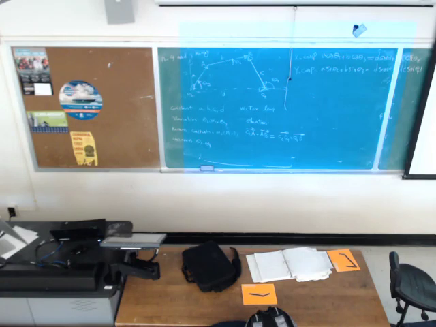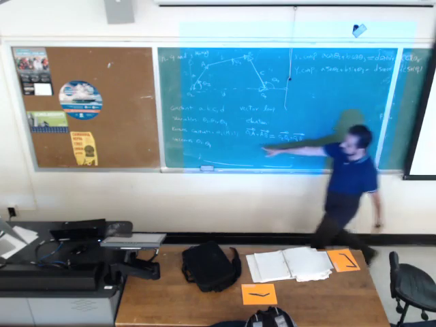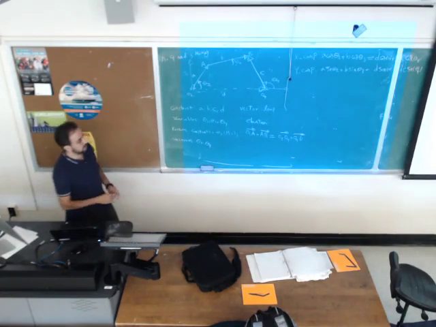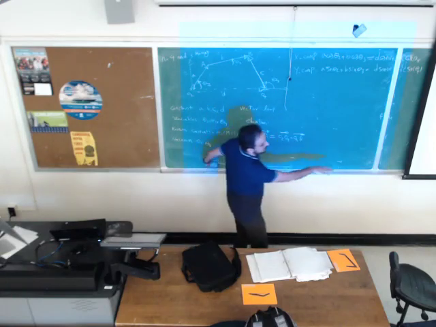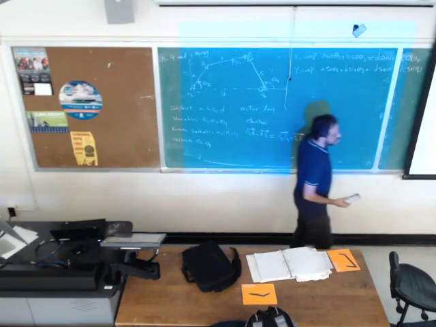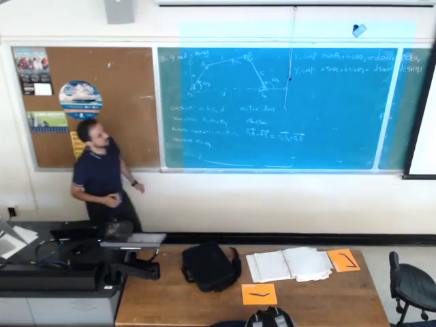So we have two equations here. How many unknowns do we have? 2. So we should be able to solve for theta 3 and theta 4. The rest is just a mathematical technique to solve for the values of theta 3 and theta 4.